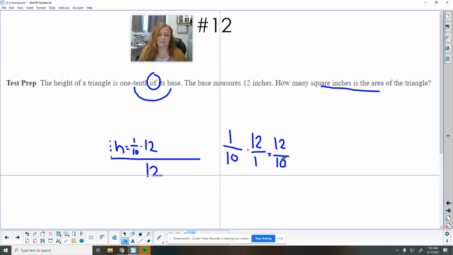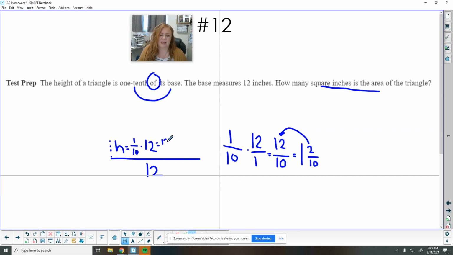I know that this is improper, but I'm going to leave it like this for just a second, because if I make it a mixed number, 1 and 2/10, and simplify that, when I go to times it by 12, I just have to turn it right back into this improper fraction. So I'm just going to keep it this way.